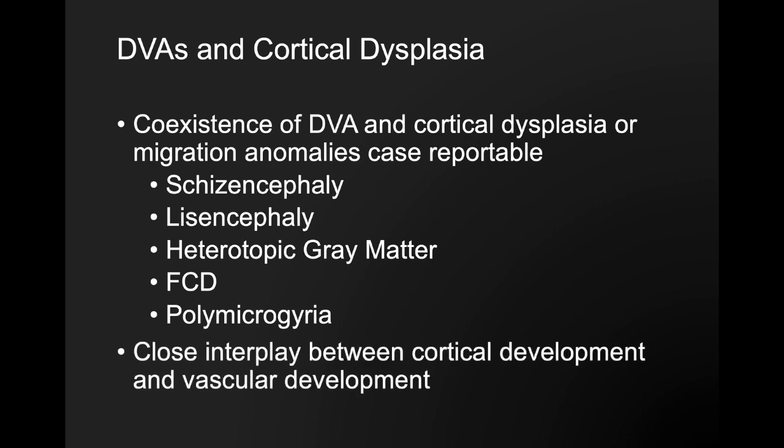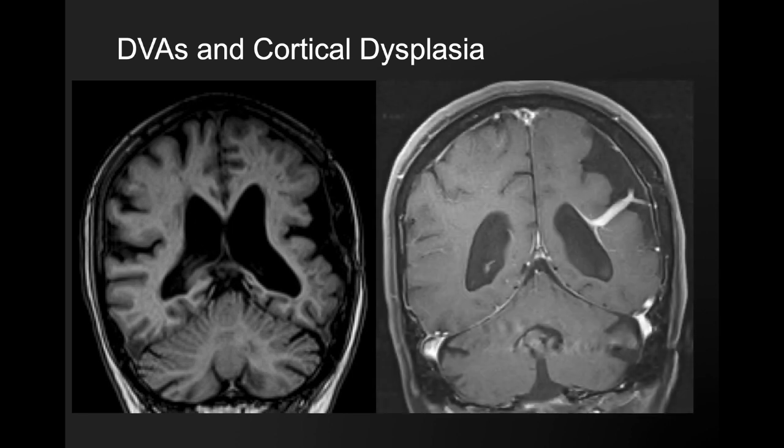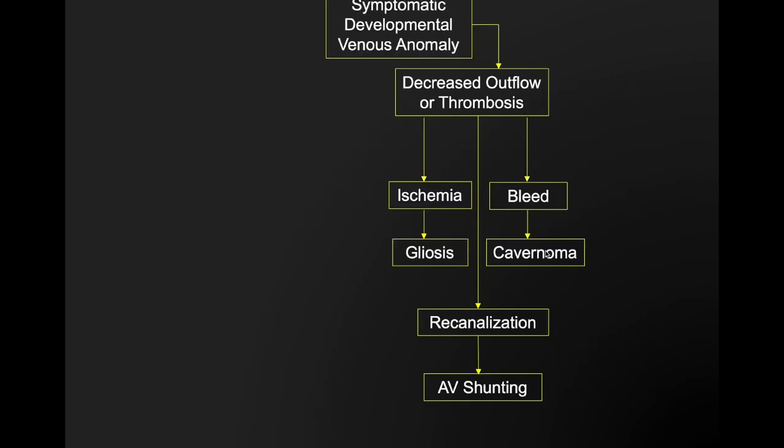It's important to point out that there's a close interplay between the cortical development and vascular development. So here's an example of a patient with polymicrogyria, and you can see here that there's this DVA running right through there. So it's conceivable that some type of thrombosis of the superficial cortical veins in this region precipitated the development of that polymicrogyria.